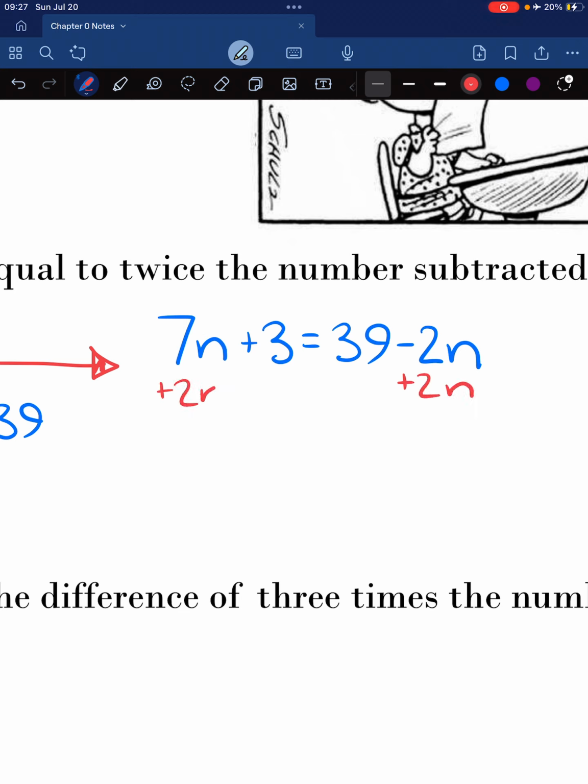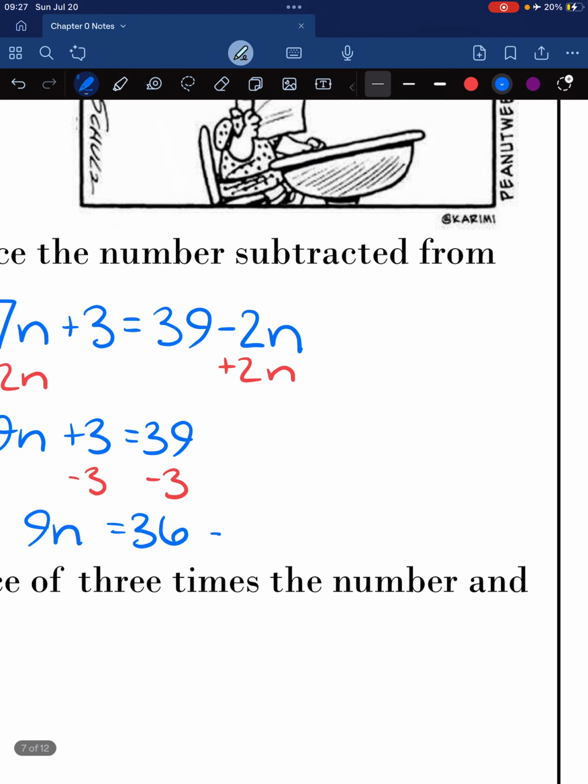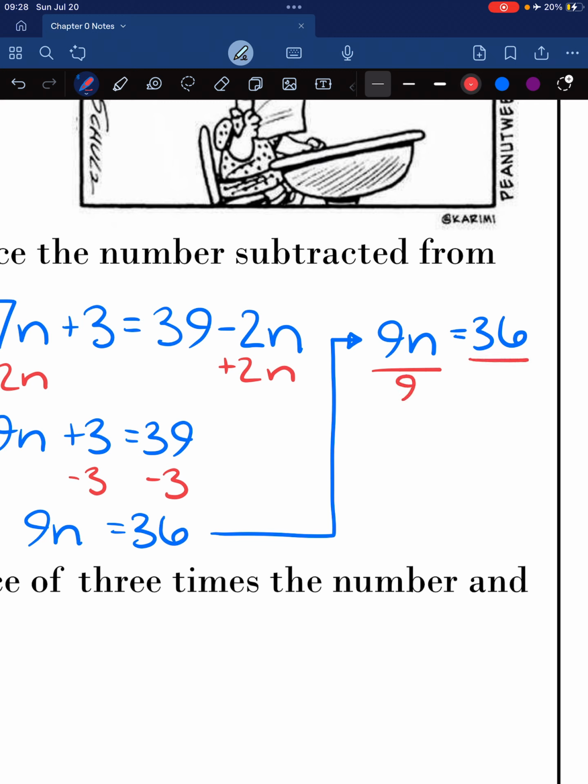So remember that I like to rewrite the problem if I'm starting a new line.